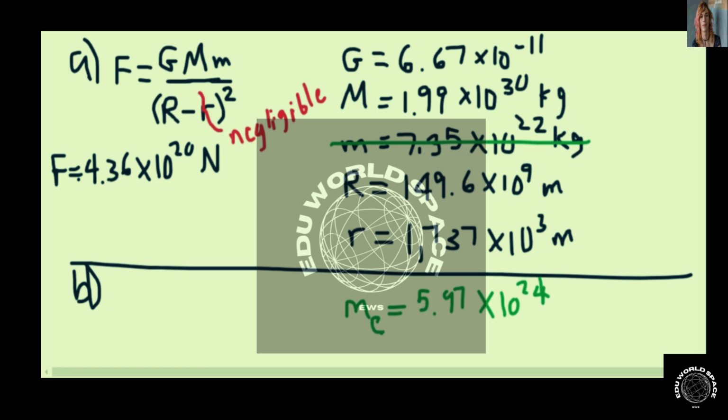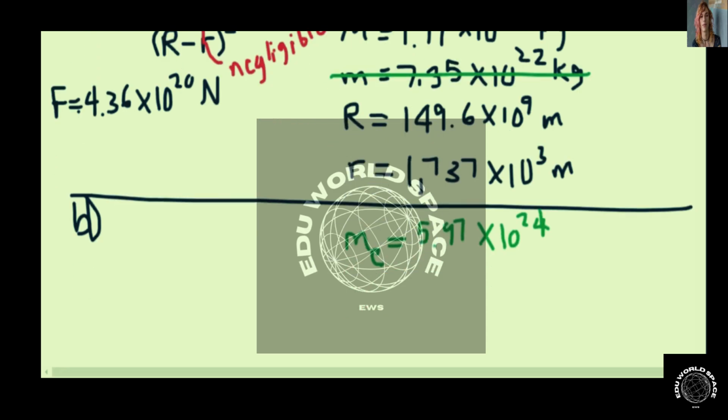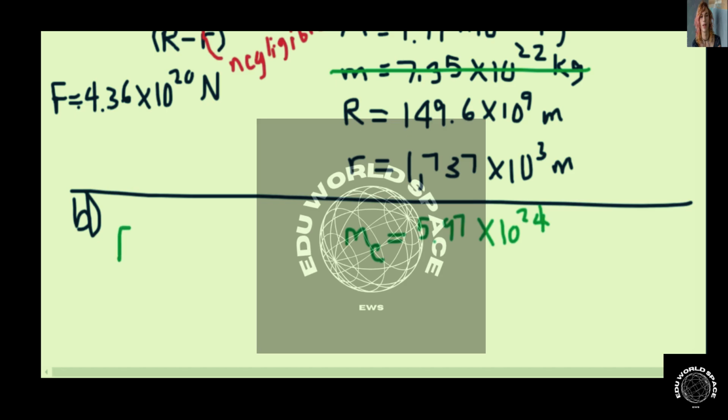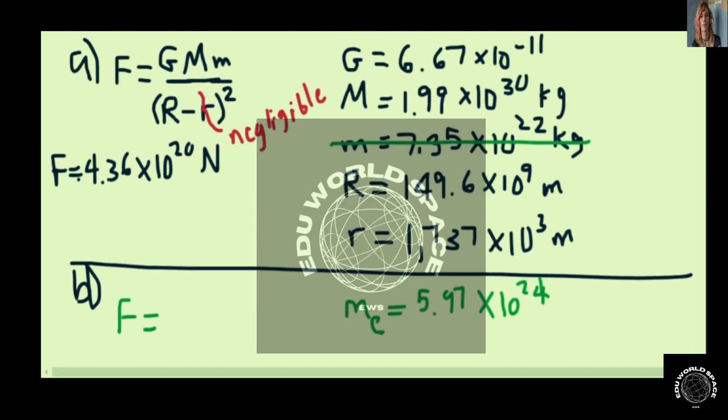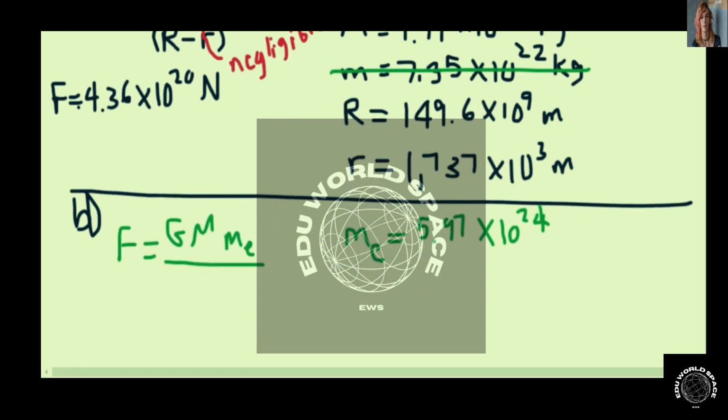And since little r was negligible, it's really the same equation. So all I have to do is write F equals G M E, that's an E, over R squared.